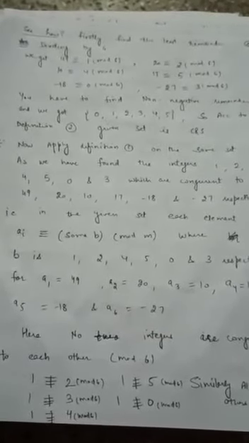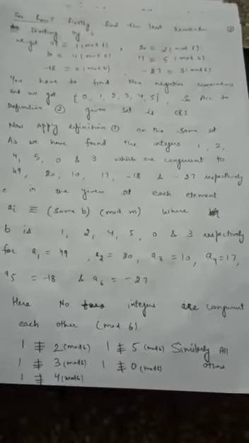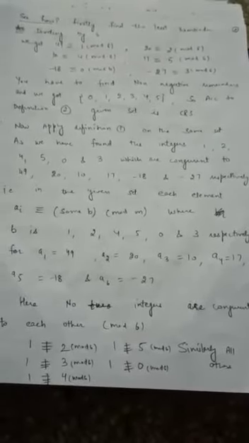Now if we apply the definition 1 on the same set, then how? We have found the integers 1, 2, 4, 5, 0 and 3 which are congruent to these 49, 20, 10, 17, minus 18 and minus 27 respectively. That means in the given set, each element Ai, A1 is 49, A2 is 20, A3 is 10, A4 is 17, A5 is minus 18 and A6 is minus 27.